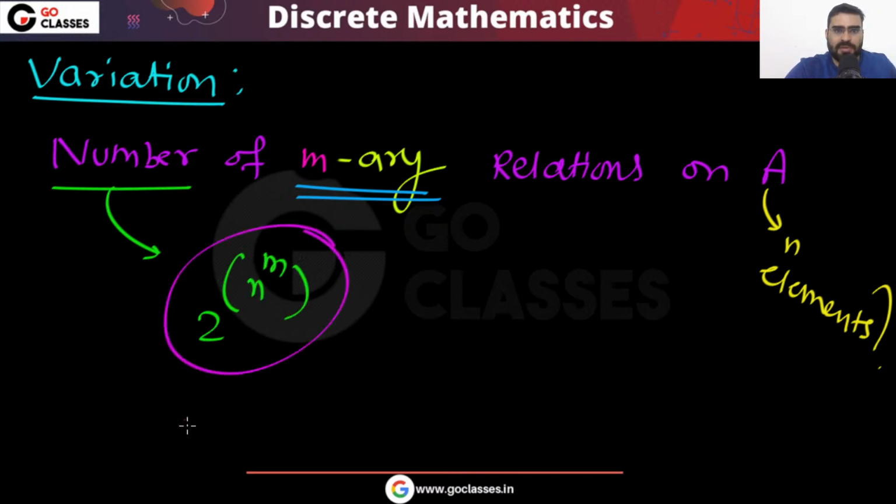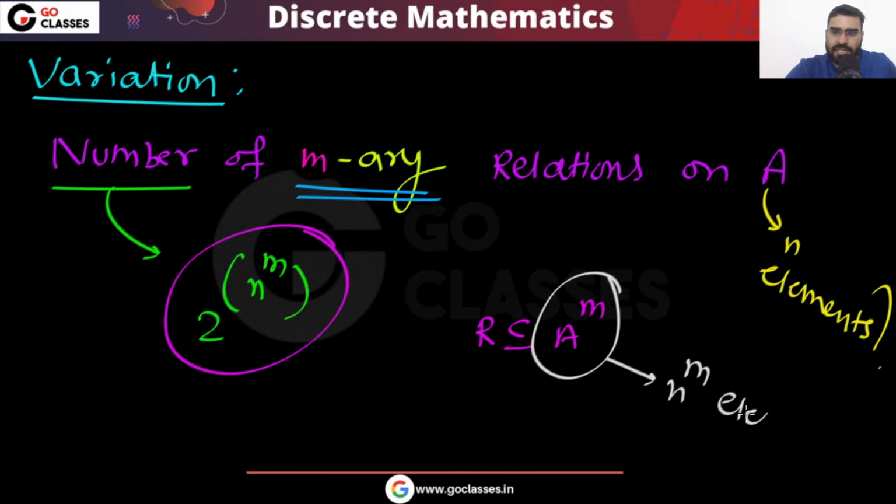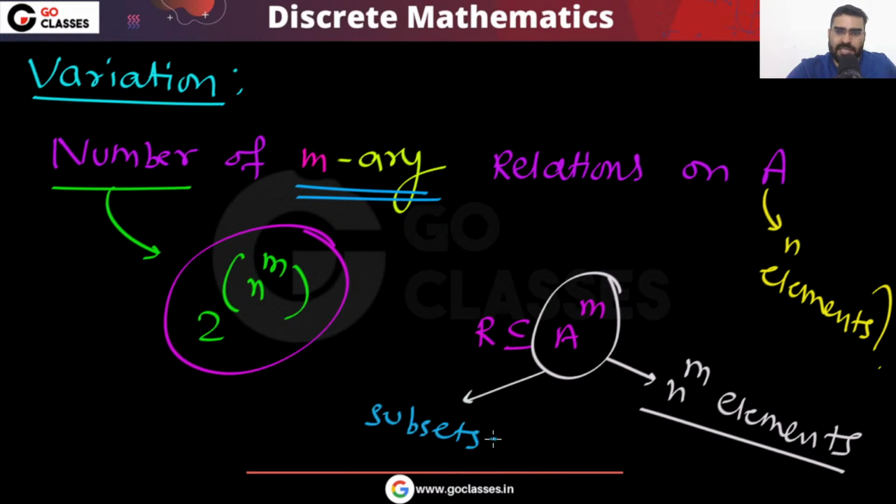You can easily see that your relation is a subset of A power m. In this A power m, you have n power m elements. So how many subsets can you create? The number of subsets will be 2 power n power m. So this will be your answer.